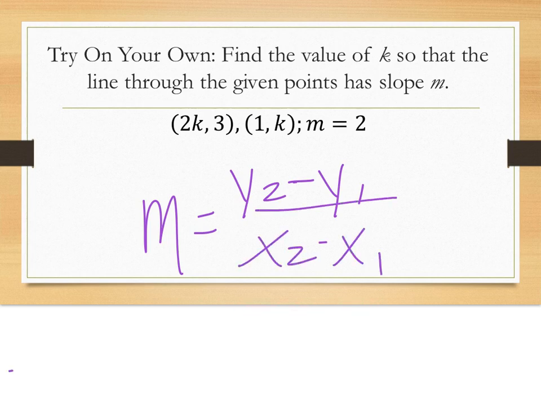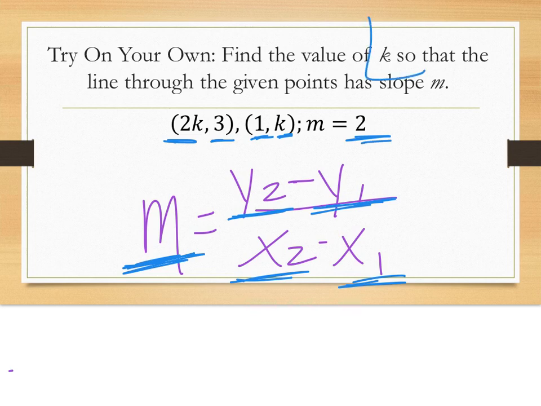I have the variable m, y2, y1, x2, x1. There's 5 places right here. There's 5 things for you to plug in. See if you can find the value of k. I want to see who's willing to take a risk and problem solve this. Good luck.